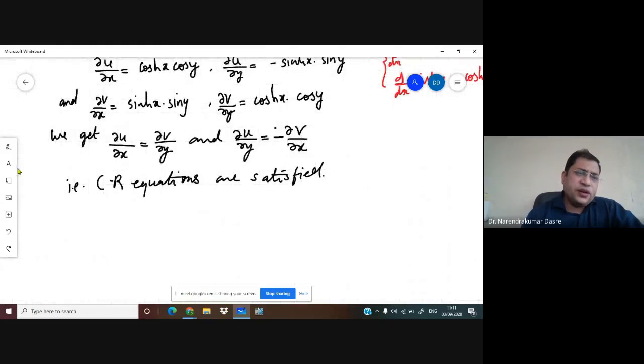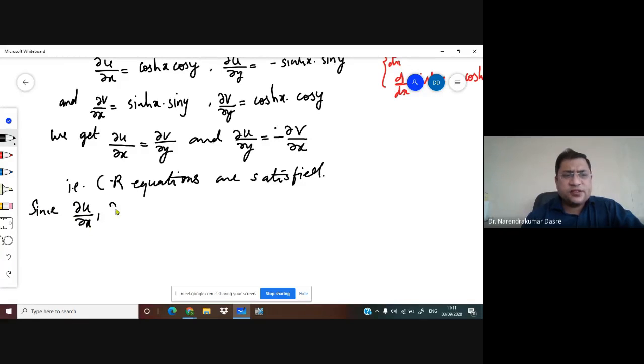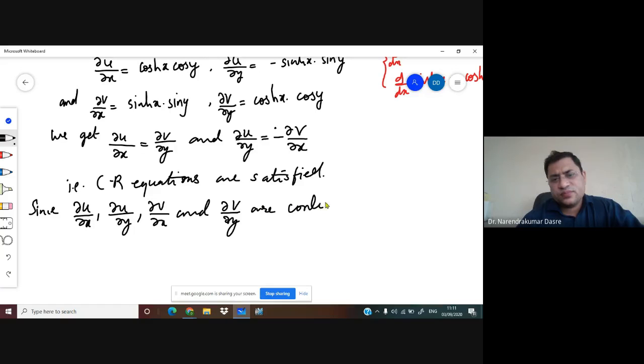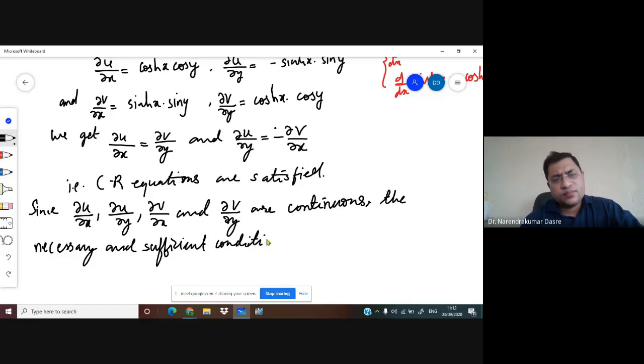So we will write directly: since ∂u/∂x, ∂u/∂y, ∂v/∂x, and ∂v/∂y are continuous, then the necessary and sufficient conditions are satisfied.